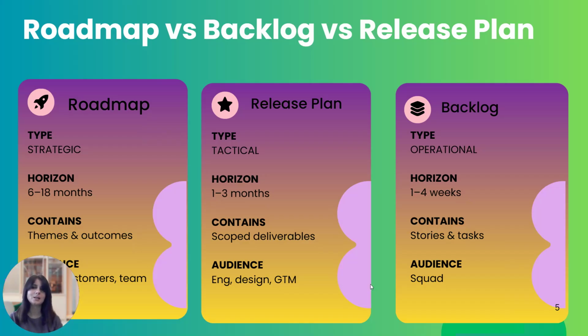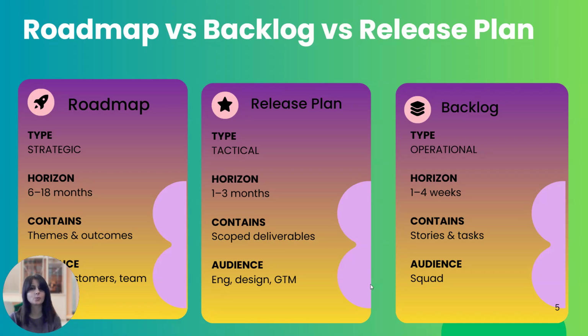So let's see the differences between the roadmap, product backlog, and the release plan. All these three concepts have different types, different horizons, and different contents. The roadmap is something that carries a strategic meaning, right?